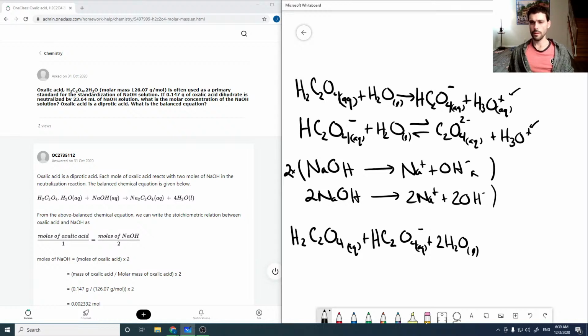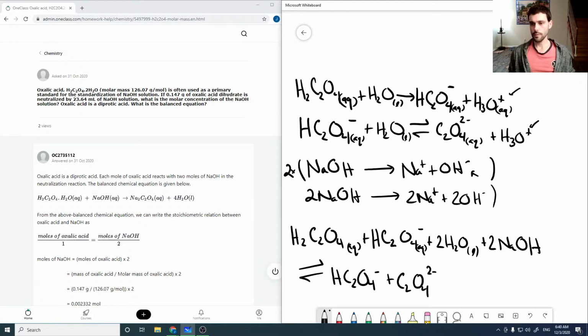HC2O4 and 2 NaOH. So that's the reactant side, and then the product side is going to be HC2O4 minus plus C2O4 2 minus, and we get 2 H3O pluses, 2 OH minuses, and 2 Na pluses.